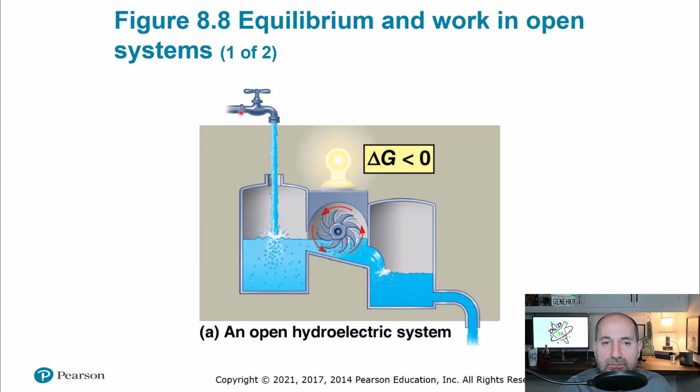As long as water is coming in, that's going to raise the water level on the left side, providing potential energy, which will flow to the right side to turn the turbine and turn the light on, right? So in an open system, you can maintain a negative delta G that is net negative.